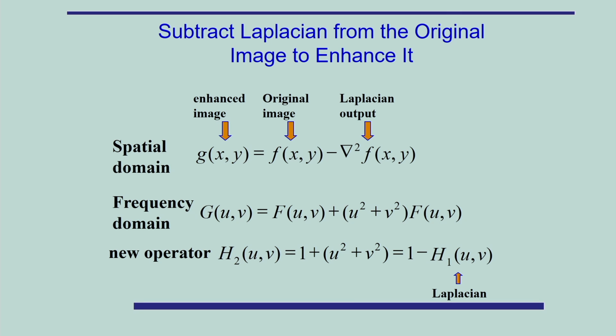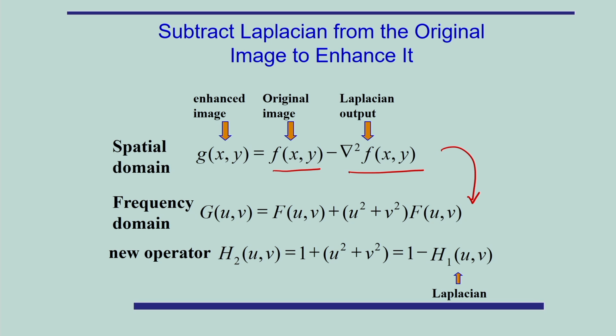So how do we do image enhancement by using the Laplacian operator? In the spatial domain, suppose the original image is f(x,y), and if I take the Laplacian of the image, that means I can select the high frequency component. So the high frequency information is subtracted from the original image. In the frequency domain this can be represented like this: G(u,v) = F(u,v) + (u square plus v square) F(u,v).